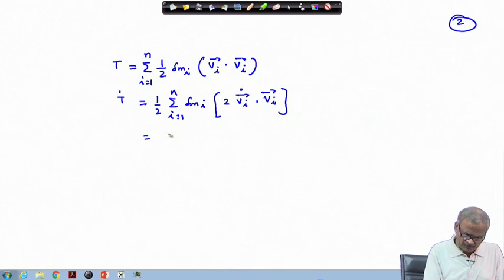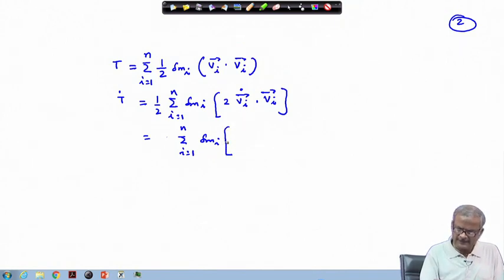So, the 1 by 2 cancels out, and we get delta m_i times V_i dot, we will write it together. This is nothing but delta P_i dot dotted with V_i.